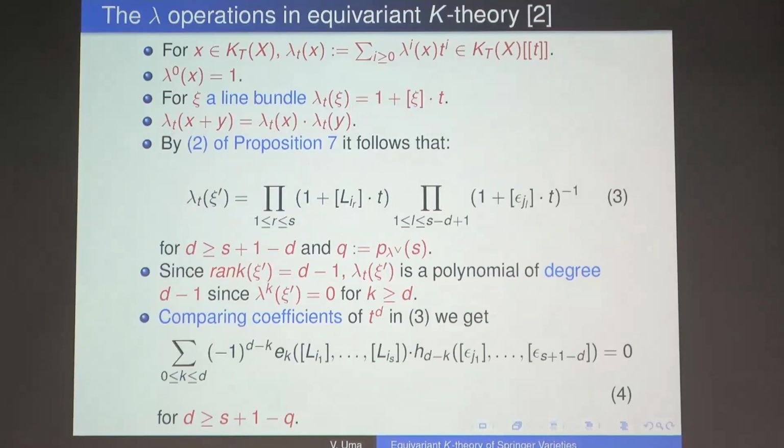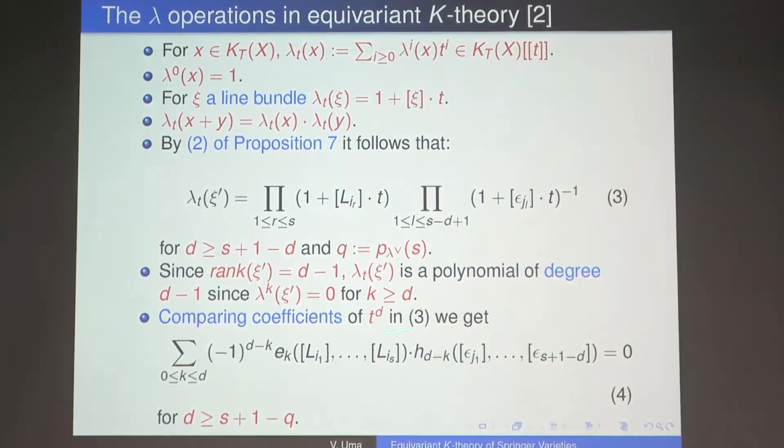And when you apply the lambda operation, we get these relations, because this is the rank s minus q, and so it will go to the other side. We can take lambda_t of x is lambda_t of x plus y inverse. But then this inverse of this polynomial will come, and that is how these complete symmetric functions come here. And these will give the elementary symmetric functions we can add.